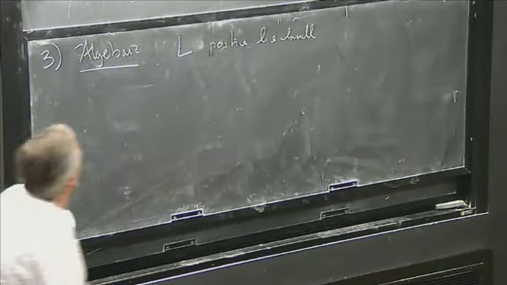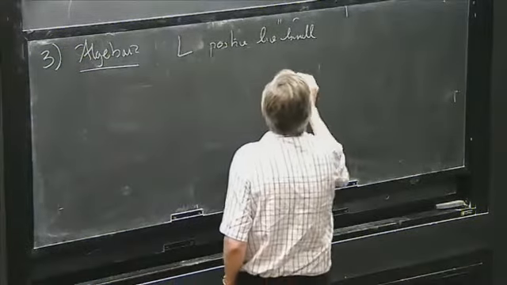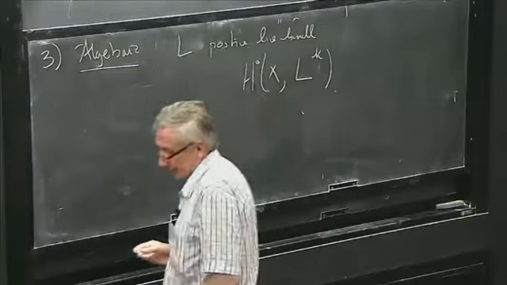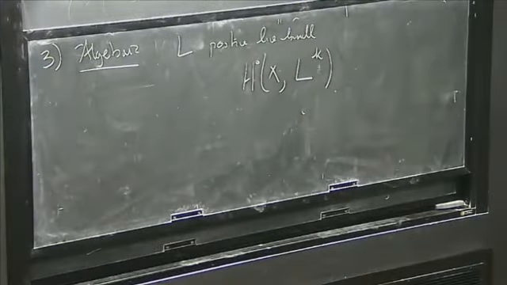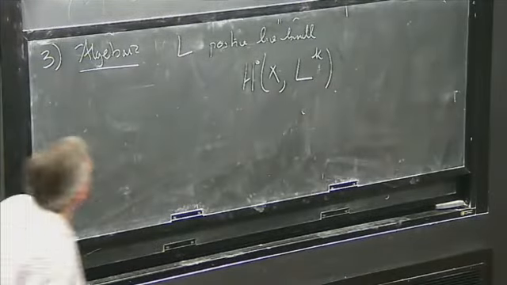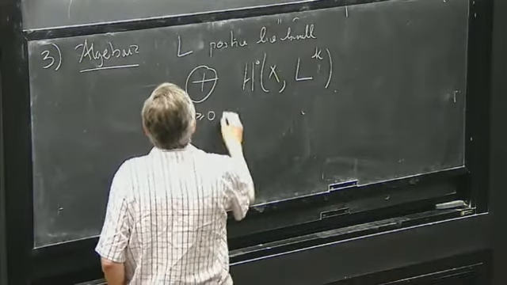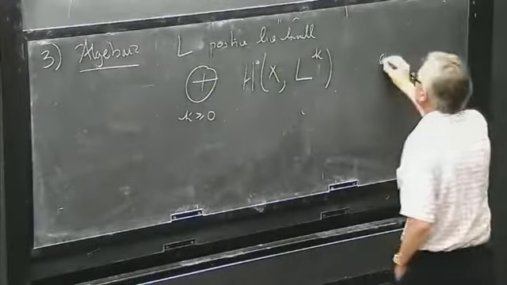So in this approach, we focus on the sections of the powers of L. And if we put all these things together, we get a graded ring.